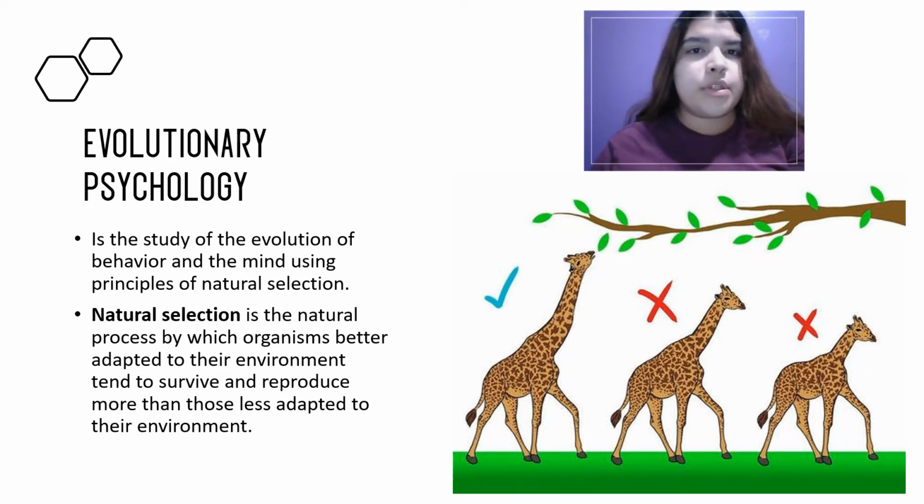In simple words, evolutionary psychology is the study of the evolution of behavior and the mind using the principles of natural selection. Natural selection is the natural process by which organisms better adapted to their environment tend to survive and reproduce more than those less adapted to their environment.